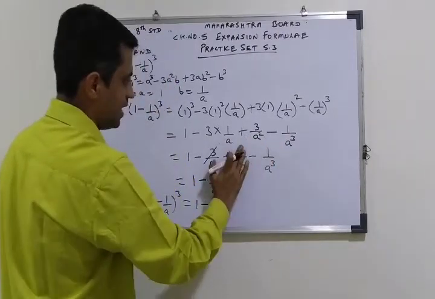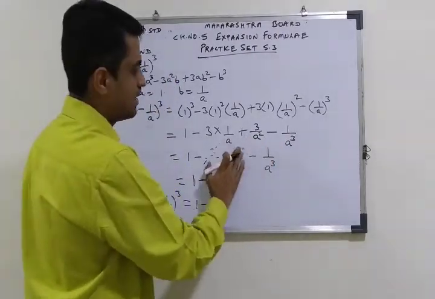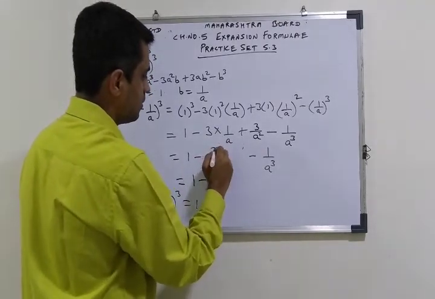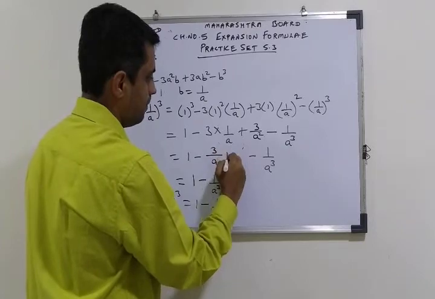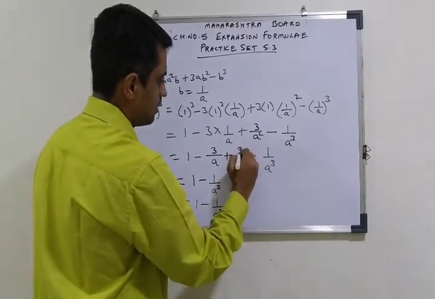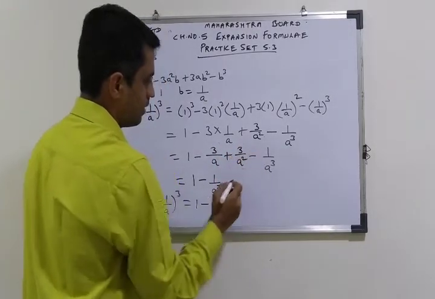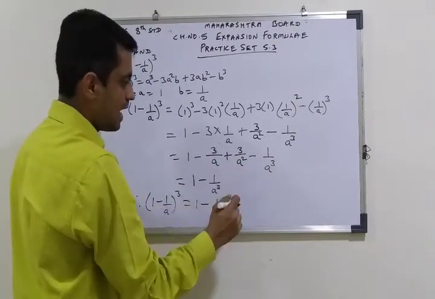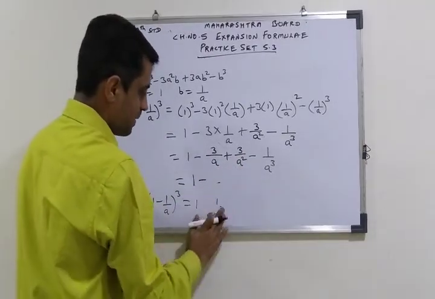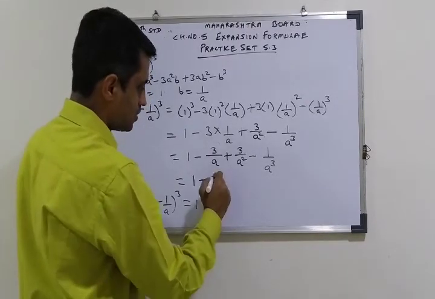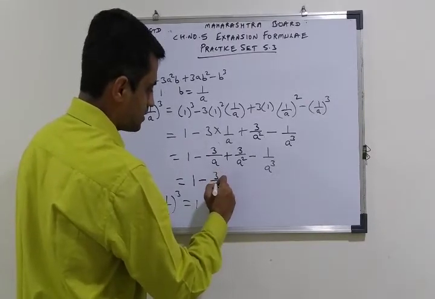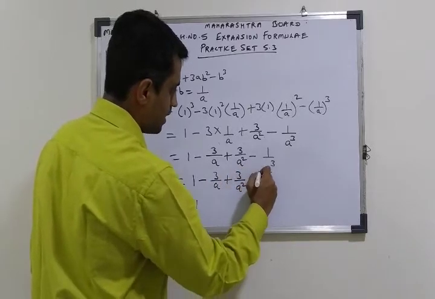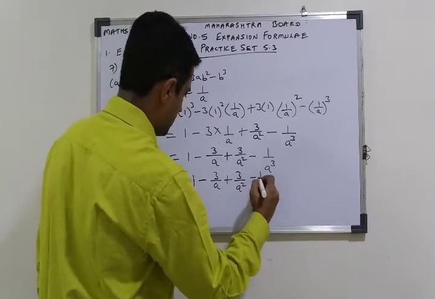So here also we change. It will not get cancelled. This will give you 3 upon a plus 3a square. So it will not cancel because they are not alike terms now. They are not alike terms. So we will keep it as it is. So we will get 1 minus 3 upon a plus 3 upon a square minus 1 upon a cube.